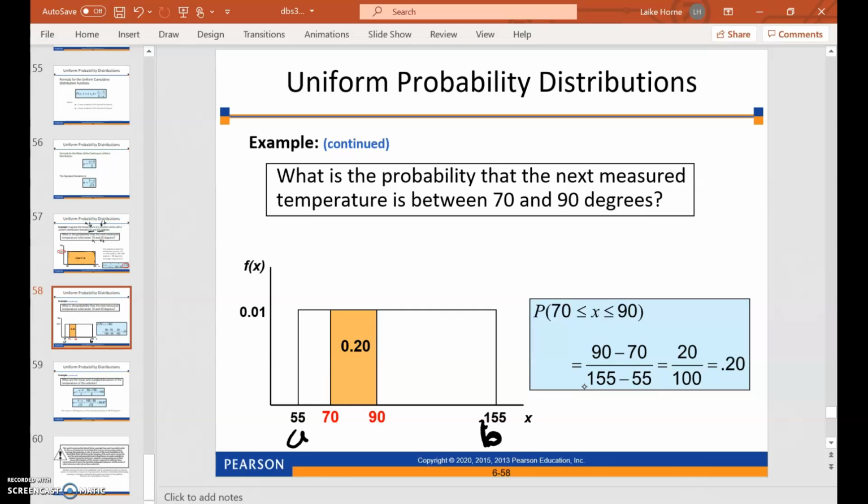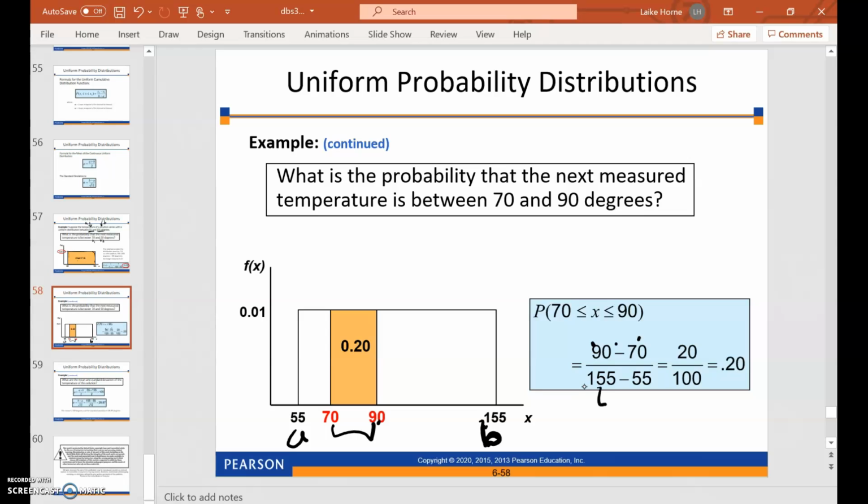And we're looking for the probability that x is in between 70 and 90. So these are going to be your x values. So you're going to take your highest x minus your lowest x, and it's going to be on the top.